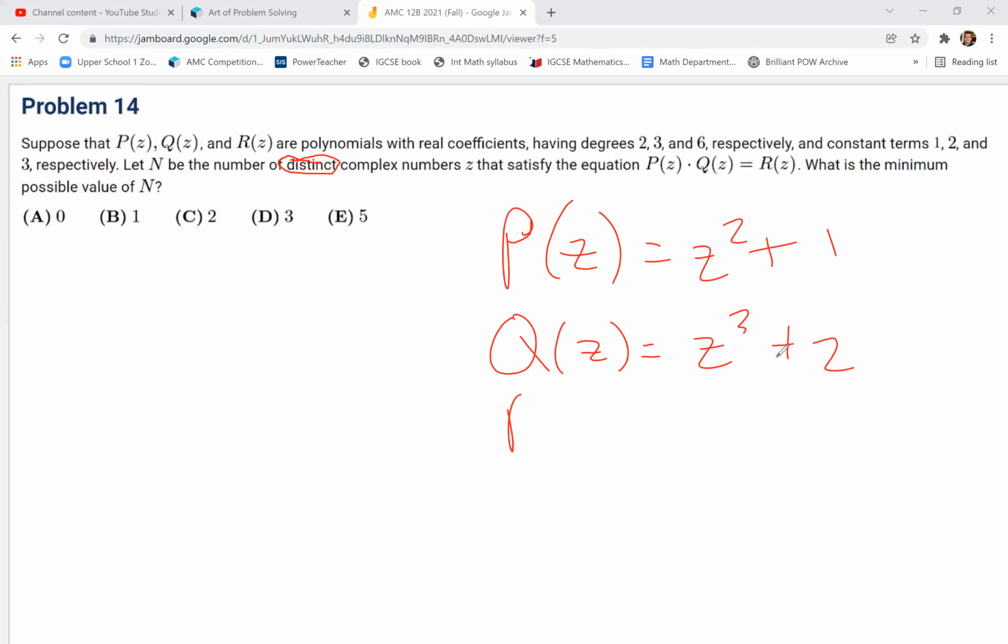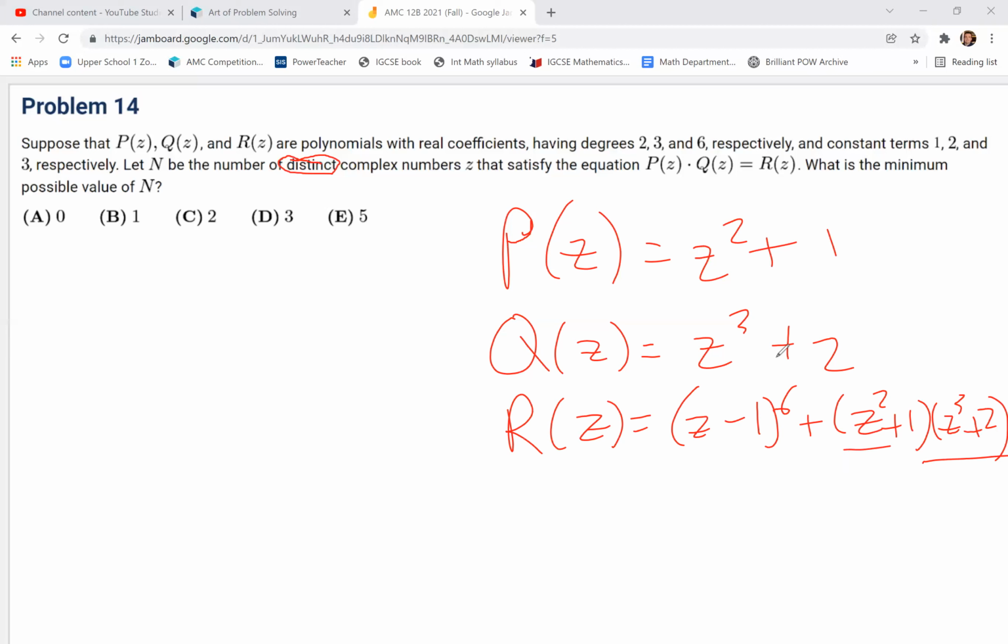And then let's let R be the polynomial (Z minus 1) to the power 6 plus (Z squared plus 1)(Z cubed plus 2), so basically the product P of Z times Q of Z plus (Z minus 1) to the 6.